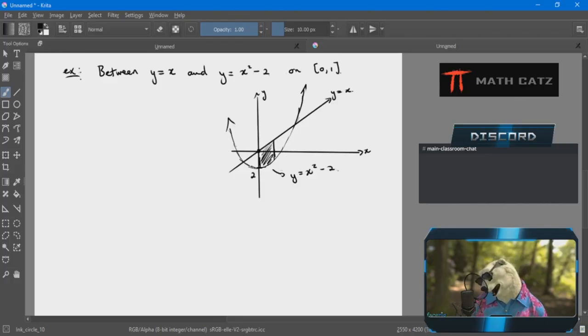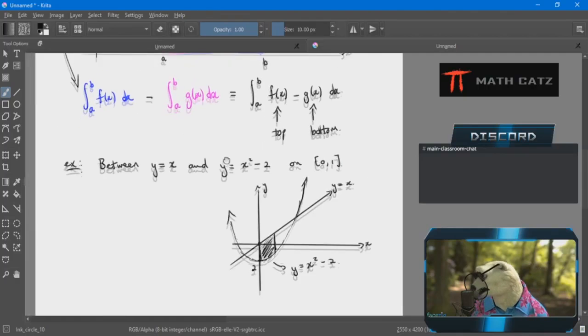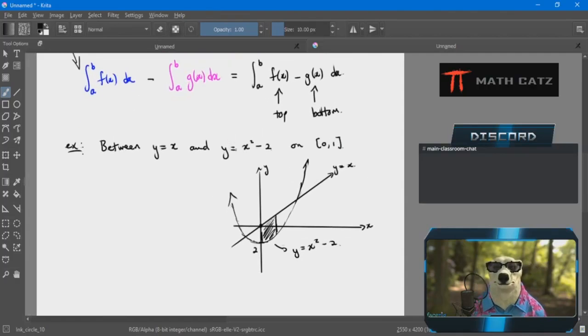Now the interesting thing is that all I care about is where these two graphs sit in relation to each other. Where they sit in relation to the x-axis is actually quite irrelevant. So initially it bothers people that some of that area is below the x-axis. No, it doesn't actually matter in this case, because the integral that I set up is the top boundary minus the bottom boundary.